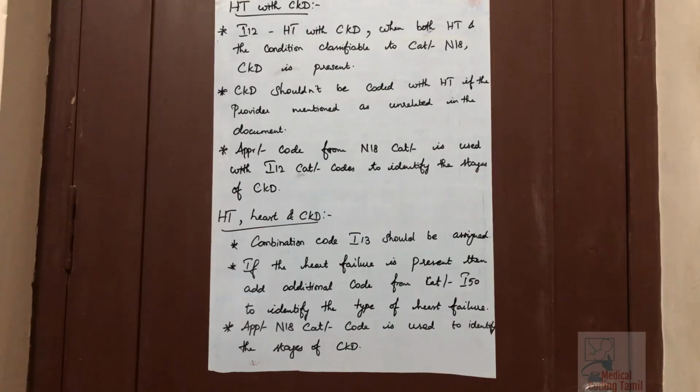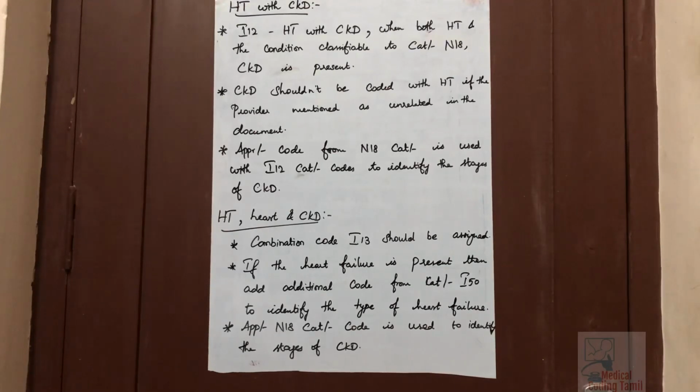Why we are not using I12 and I10 codes: in the I13 category, the includes notes contain such individual codes for hypertension, heart disease and CKD, which should not be used separately, because I11 and I12 are included in I13.